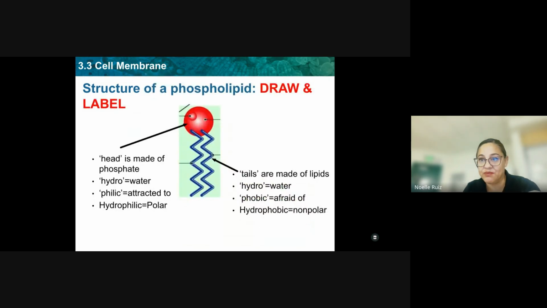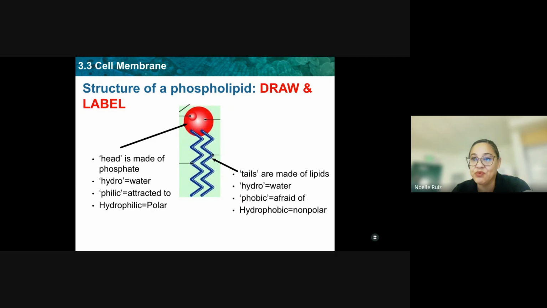Structure of a phospholipid. And yes, I would like you to draw a picture that looks similar to this. That's why it says draw and label on the slide. So they're very simple, heads and tails, just like a coin. You can probably tell which part is the head and which part are the tails, or you should be able to.